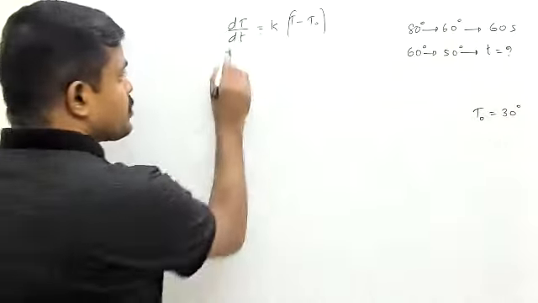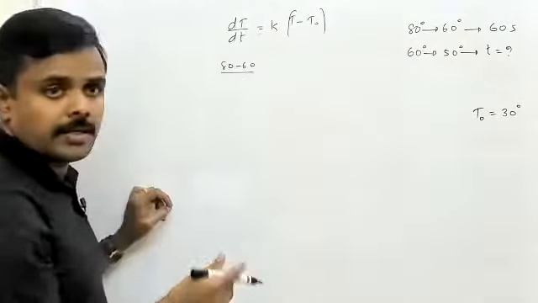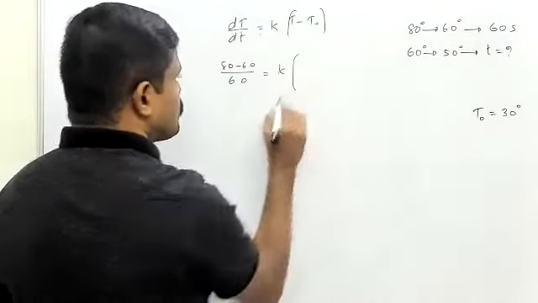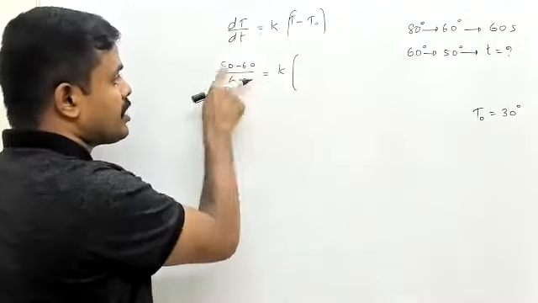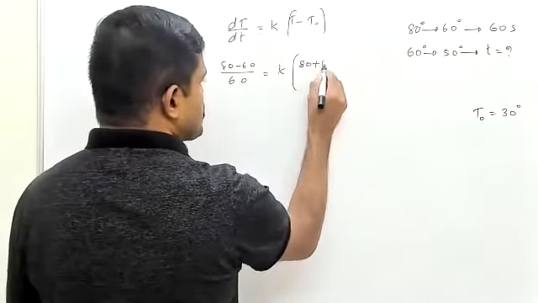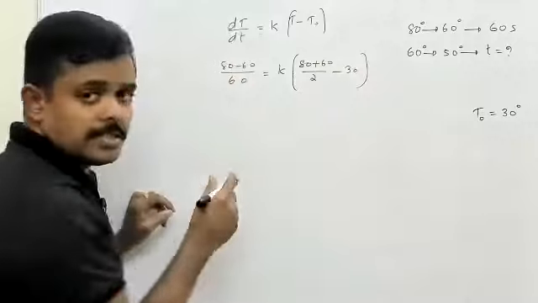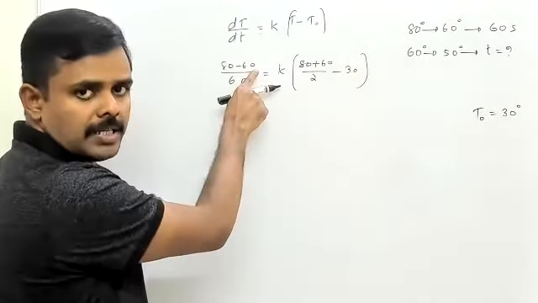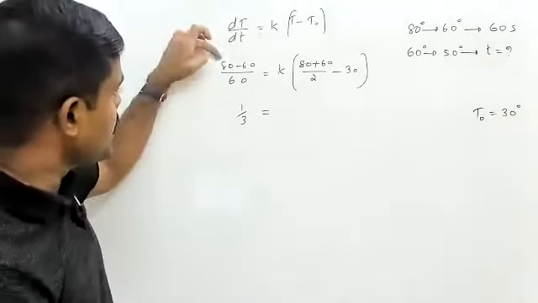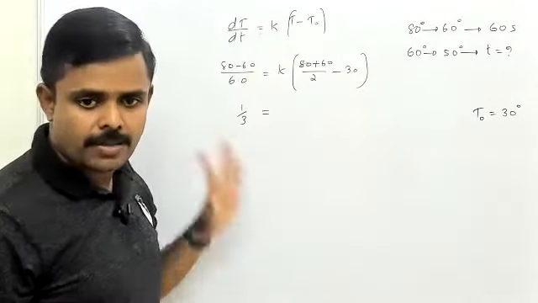Correct. So in the first case, dT is 80 minus 60 divided by the time taken, 60, is equal to a constant into T, which is the average of these two temperatures: 80 plus 60 divided by 2, minus the ambient temperature 30. Simplifying, 80 minus 60 is 20, and 20 by 60 is 1 by 3.